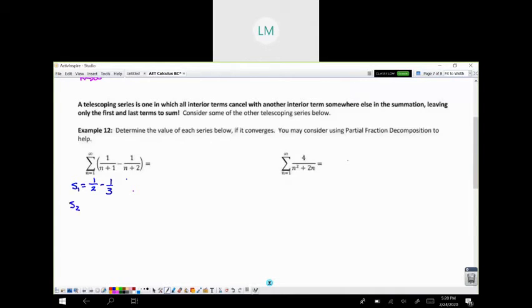S2 gives me 1/2 minus 1/3 plus 1/3 minus 1/4.